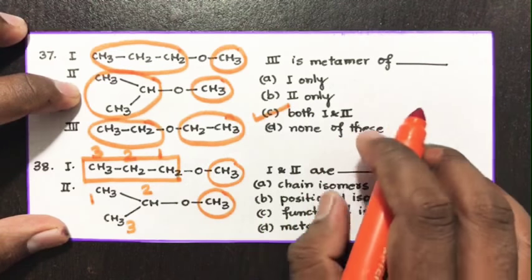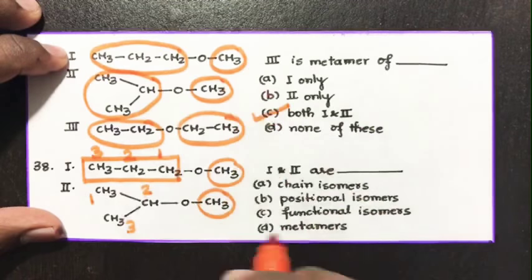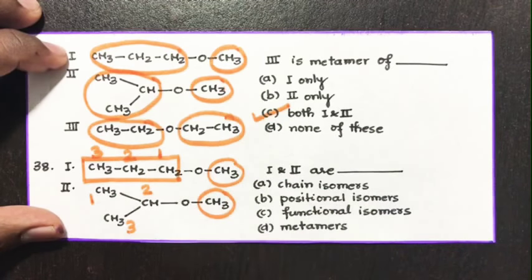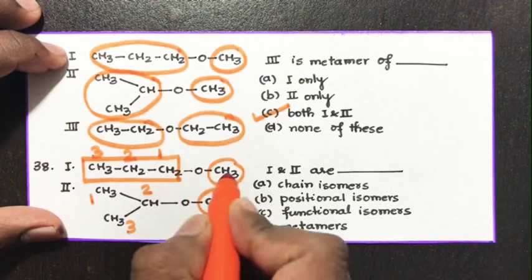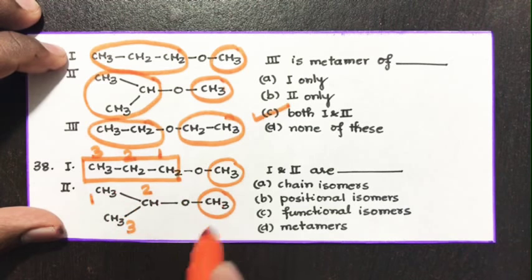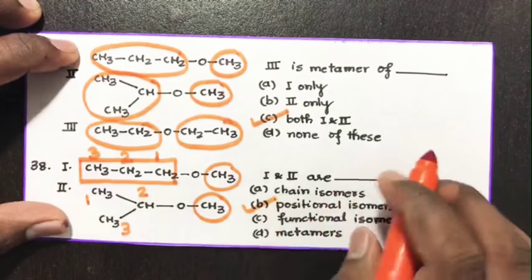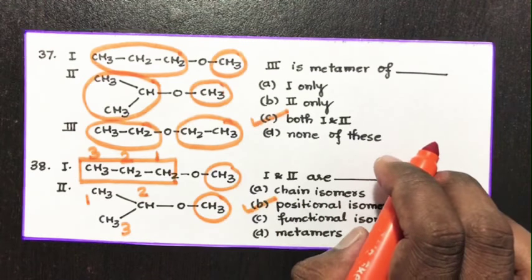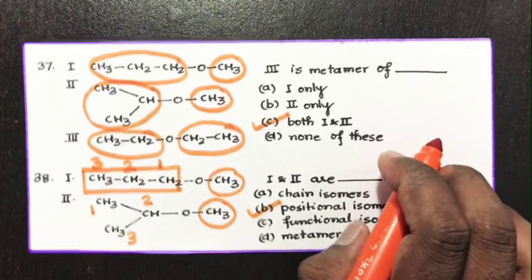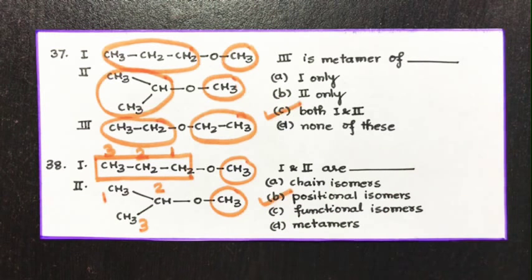So the position of the substituent, that is methoxy substituent, is different in both cases. That is the first position in the first isomer, and in this case this is the second position. So we can say that these are positional isomers. They have the same parent chain, but the substituent's position is different in both cases.